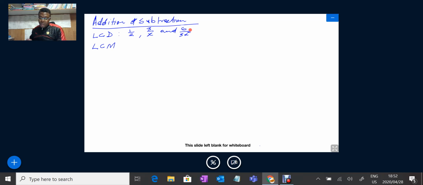So the lowest common denominator here, we are going to look for a number that will allow us to divide these denominators.